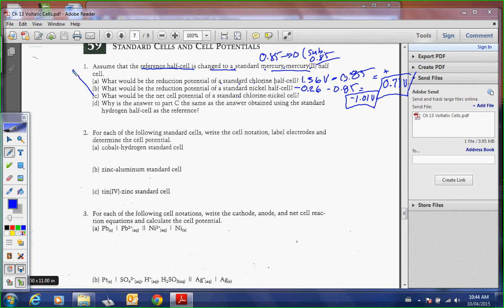Well, the chlorine would be the cathode because it's got a more positive number, it'd be higher up on the data booklet. So this is 0.71 minus negative 1.01. It's 1.11. 1.11?